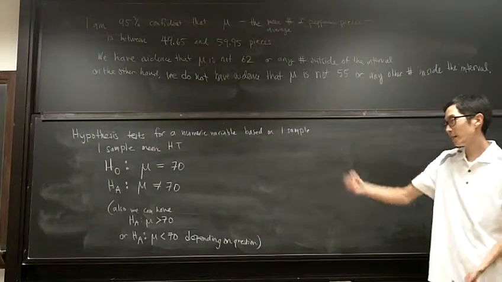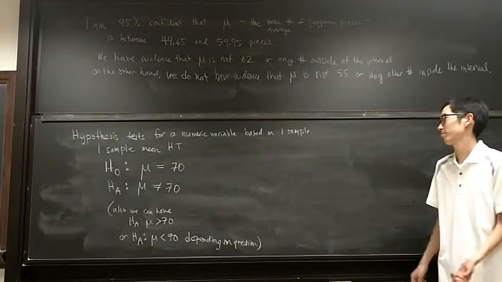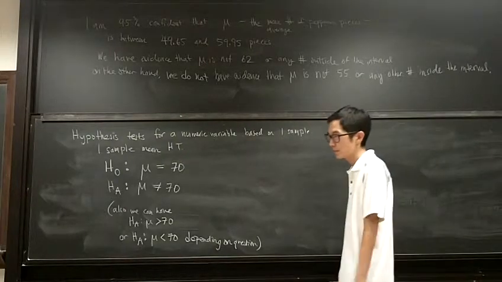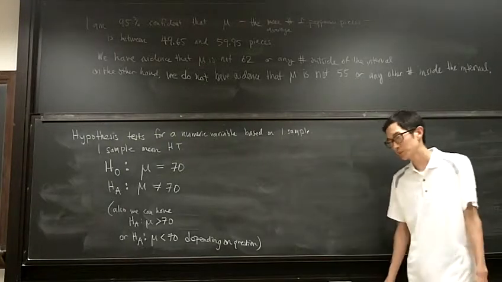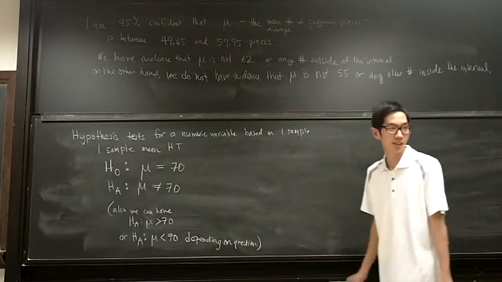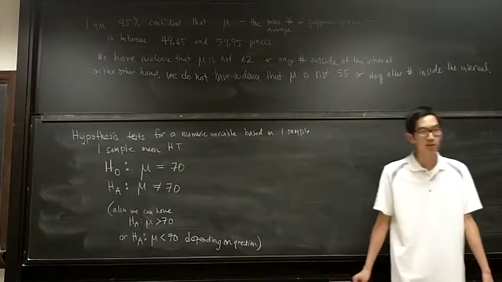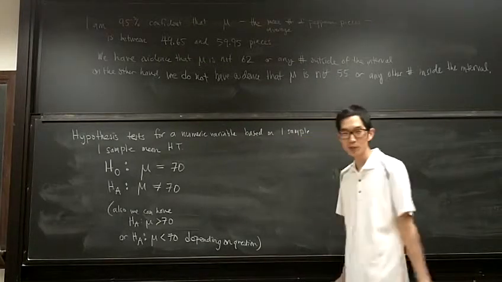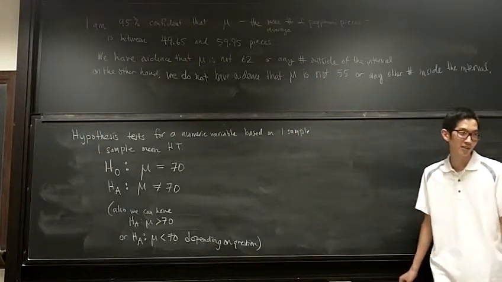Okay, so what might have an average of 70? What weighs around 70 pounds? A big dog, okay? So a German Shepherd. So maybe we say, is the average weight of a German Shepherd 70 pounds or not?